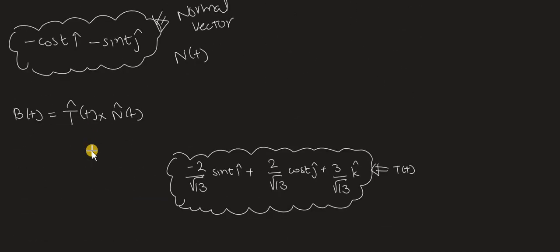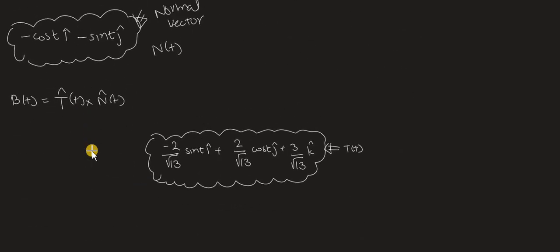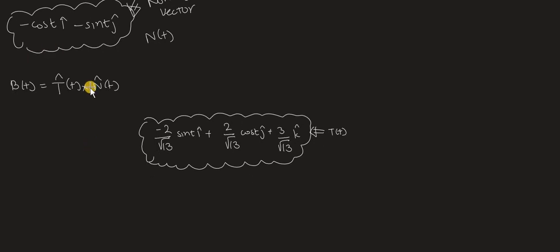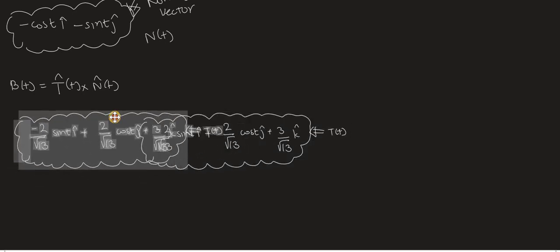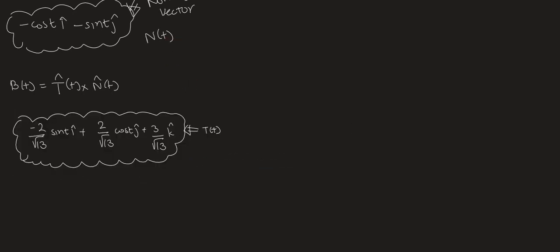Where is the normal vector? The normal vector is just there. Okay, so wait, I think it's going to be better if I put it here. Yeah, okay. Now where's my pen?